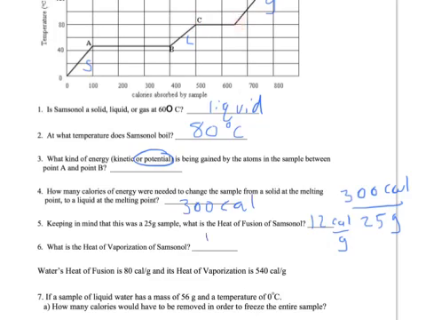So I'm going to say 150 calories divided by 25 grams of sample. I should have written that calories. And that means we have 6.0 calories per gram would be the heat of vaporization of Samsonol.